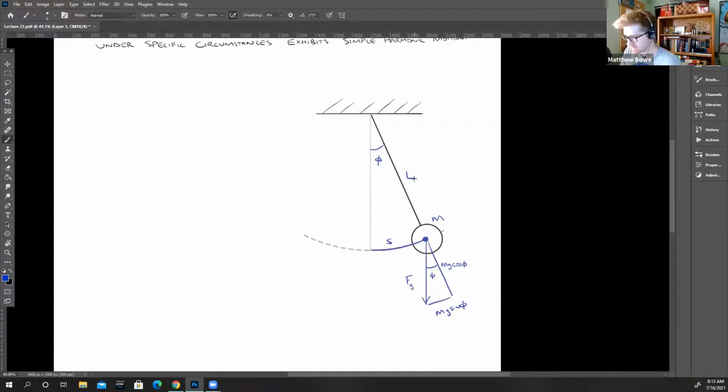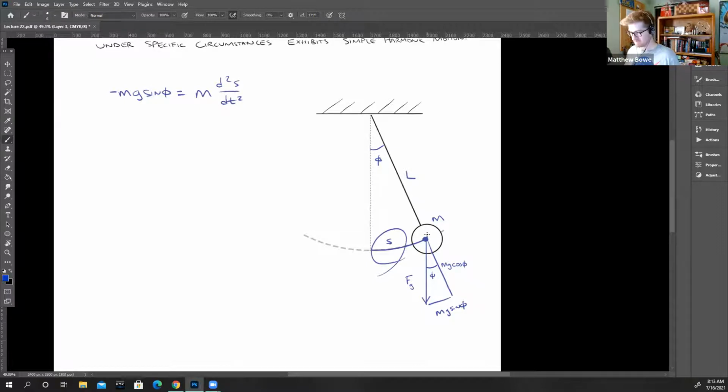So we have this tangential motion, mg sine theta, and I'll set that equal to mg sine, I'm going to say theta by accident a lot, so it's mg sine phi, times m, the second derivative of its arc length right here.